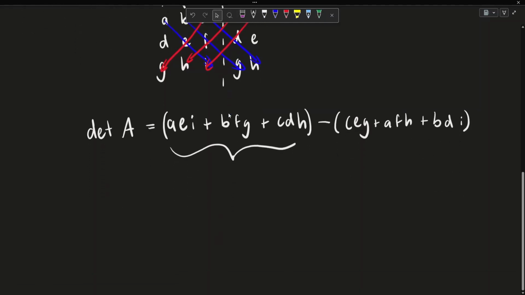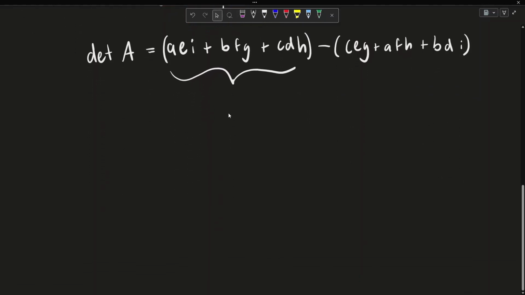So let's show a numerical example of utilizing this rule. So let's say we have a new matrix B, which is equal to 2, negative 1, 3, 0, 4, 1, negative 2, 5, 2.